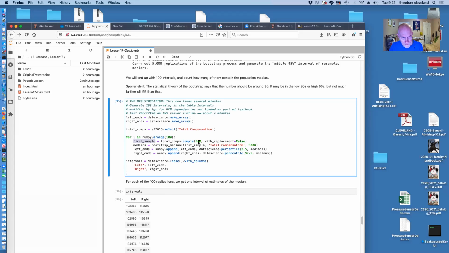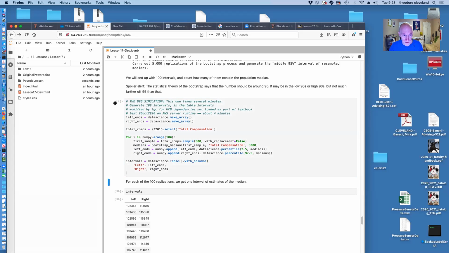Take a sample of size 500, bootstrap it, compute the left end, compute the right end, and repeat. Take another sample, bootstrap it, left end, right end. And then at the end, we're going to produce a table that has the word left and right. We'll put the left ends and the right ends. And I'm going to go ahead and run it.